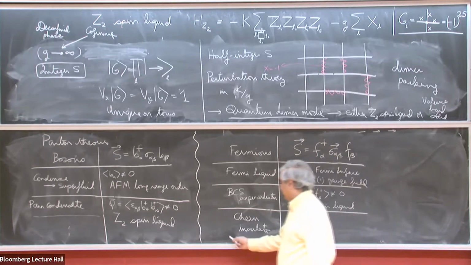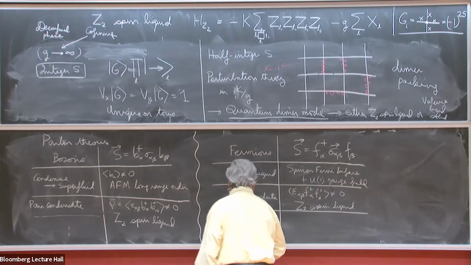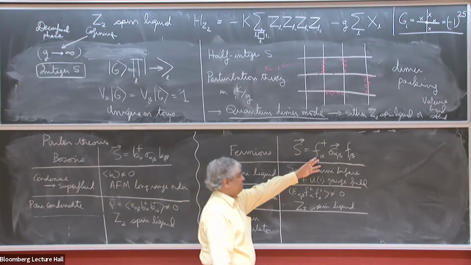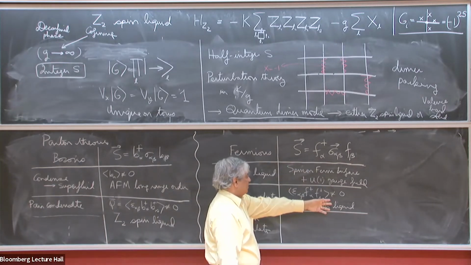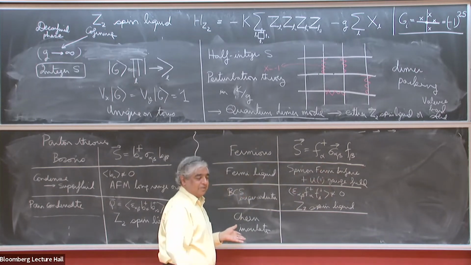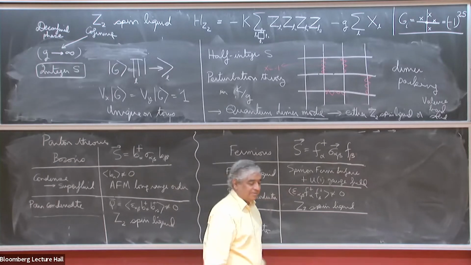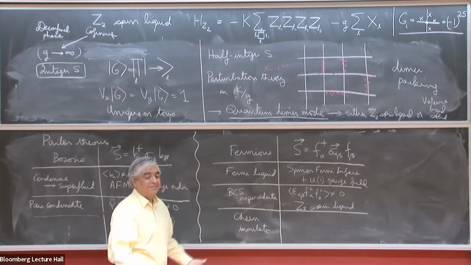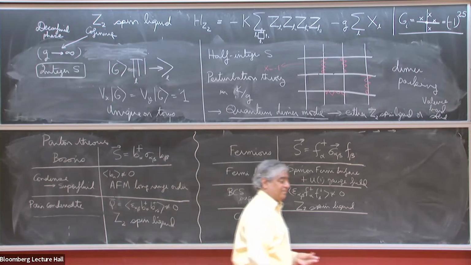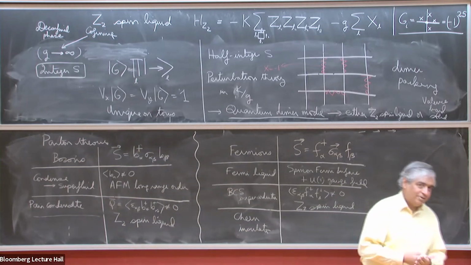Okay, so now we come to the new stuff. Now fermions can do other things. It could be that the partons, instead of forming a superconductor, go into a Chern insulator. For some reason, the partons have some band structure, and that band structure is non-trivial. So what we are seeing now is an example of two different types of topology.